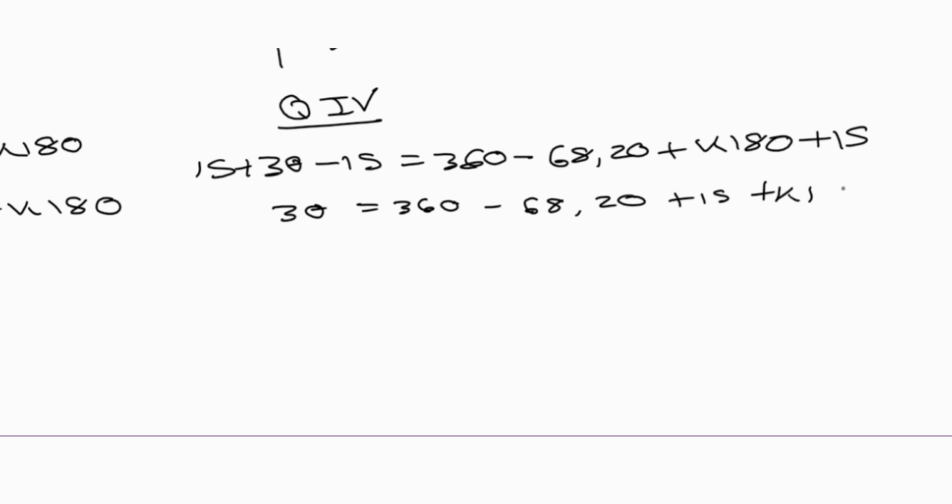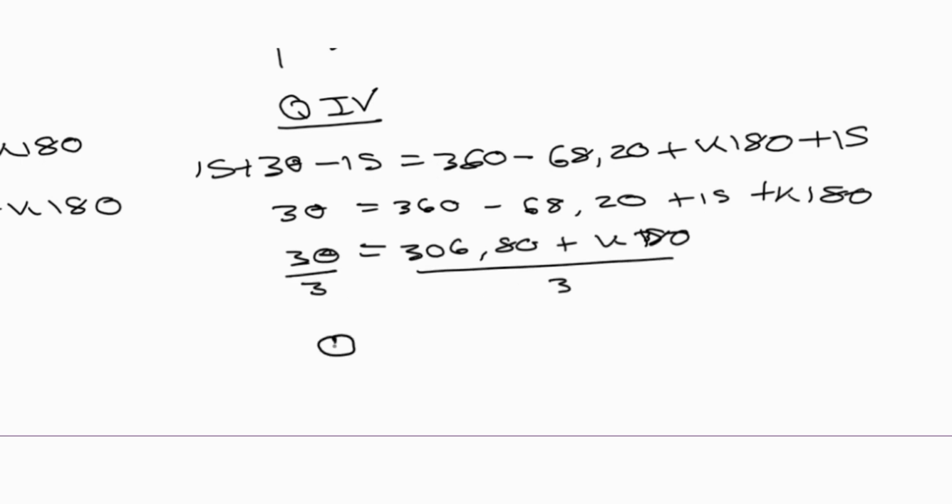Plus K180. And that's going to give me 306,80 plus K180. And then obviously we still have that 3 theta, so we need to divide by 3 on both sides so we can get theta by itself. So then we're going to land up with 102,27 plus K60.